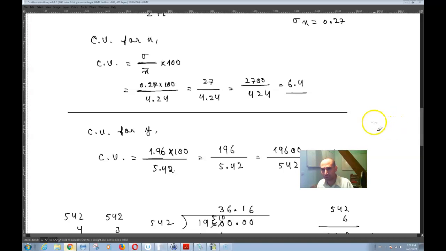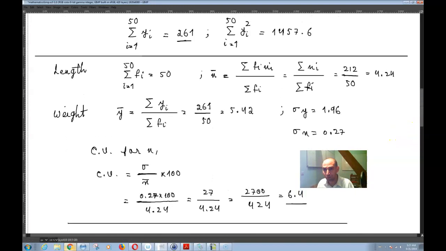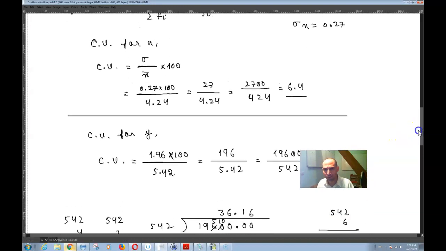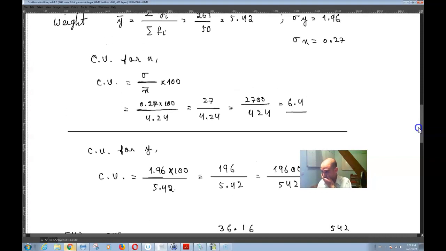Standard deviation was 0.26. The standard deviation of length was 0.26. .13.